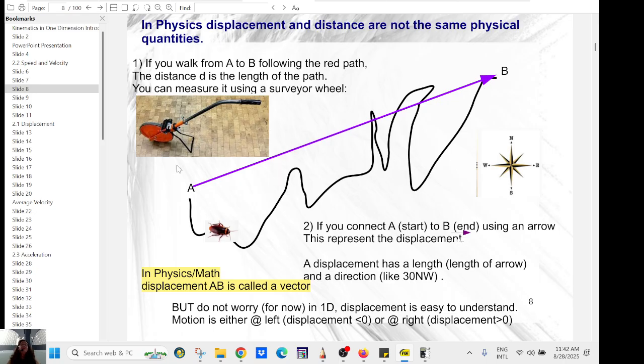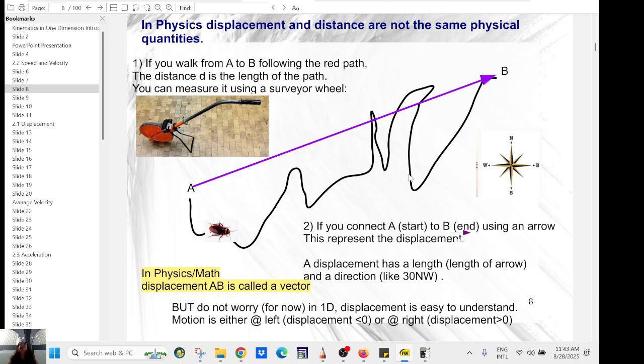If I measure with a meter tape, like using a surveyor wheel, for example, this length here, that's what in physics we call the distance. There is no direction. It's just a magnitude and a unit. So, for example, I could say, I don't know, 30 centimeters.